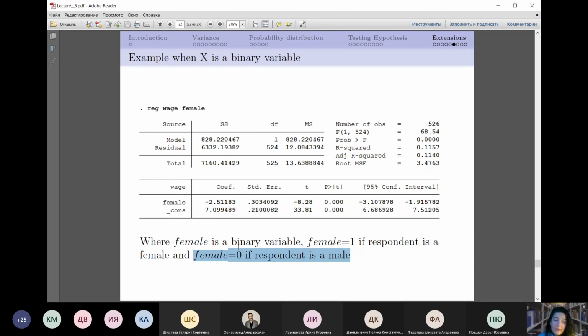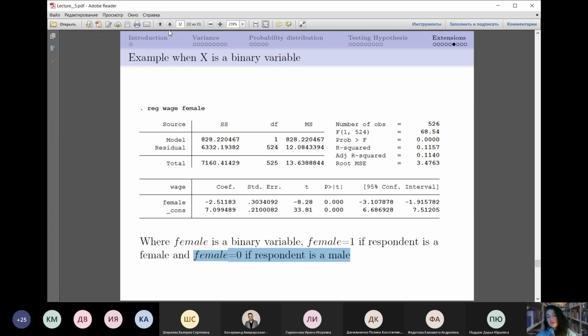The best way to interpret this parameter in regression is to consider one at a time the two possible cases, female equals 1 or female equals 0. In this case, this coefficient is the difference between the mean value of women's wage and the mean value of men's wage, if we talk about the simple regression model.